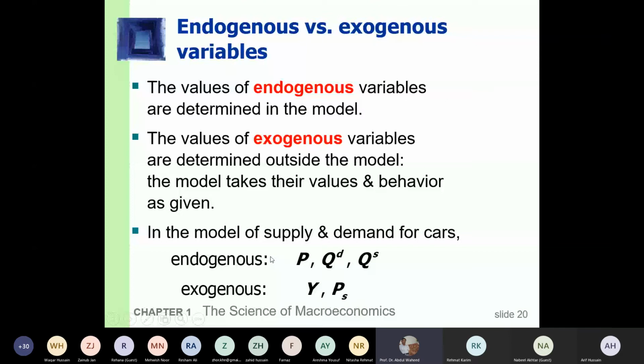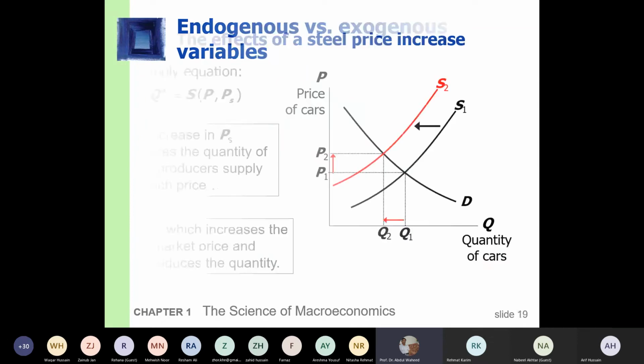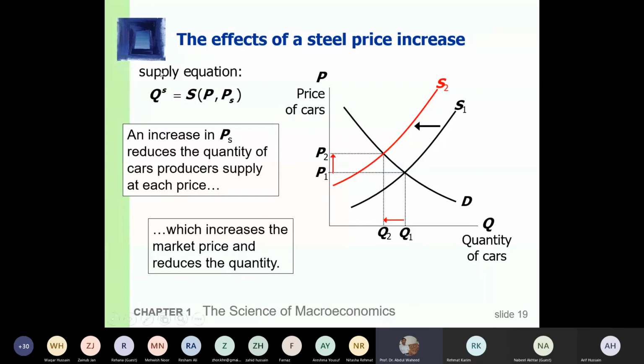So whenever we make a model, we define our dependent variables and independent variables, and then exogenous variables and endogenous variables. What is the dependent variable here in this model?